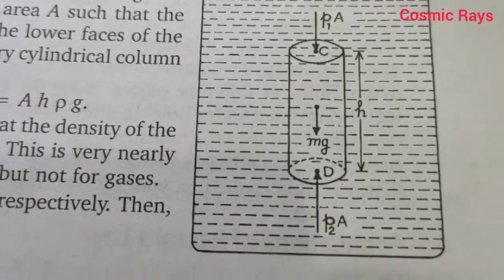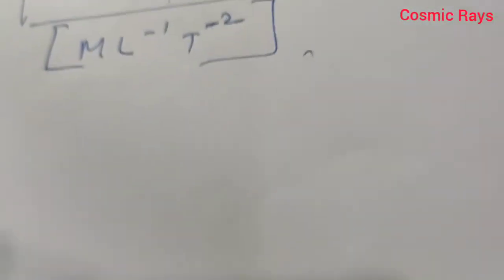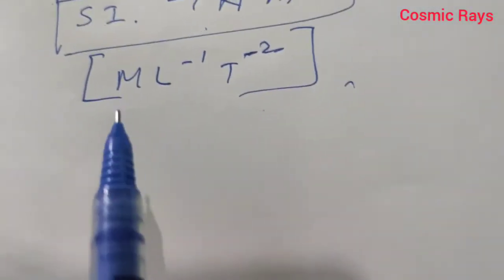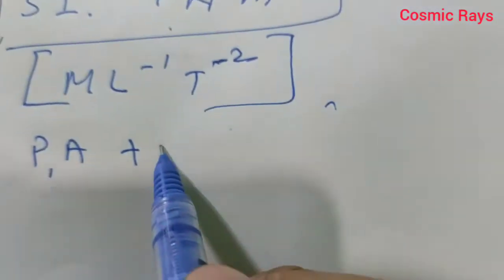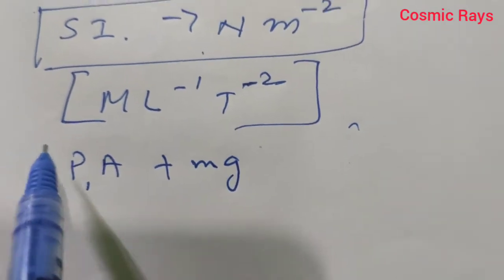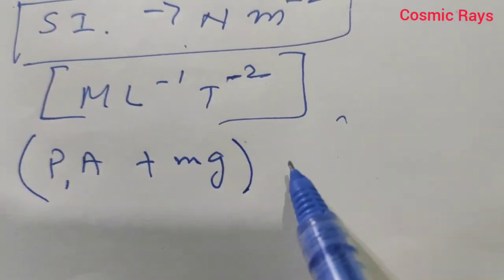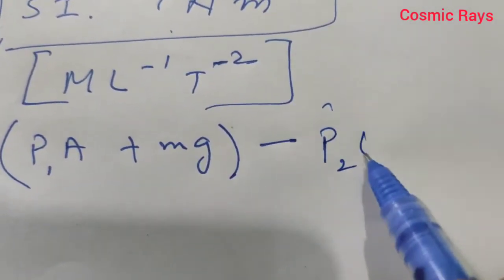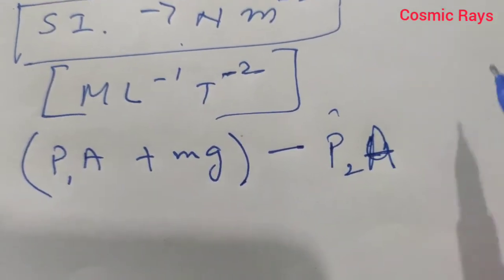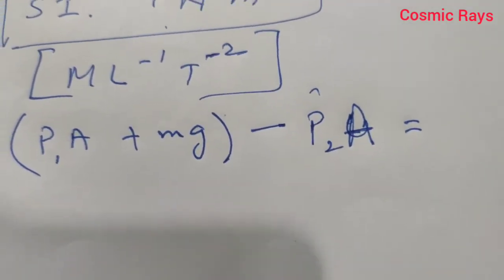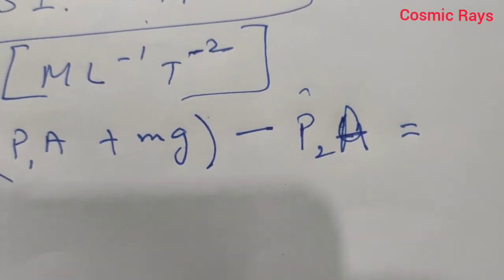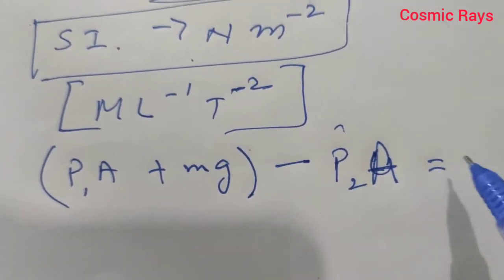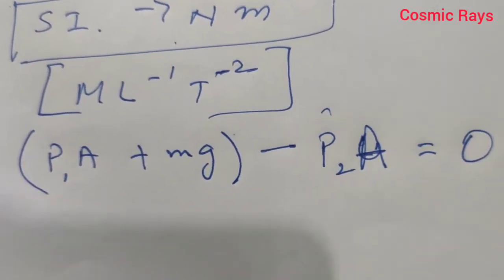So we find that P1A plus the weight of the body, that is mg, they are acting in the same direction, so we add them up, minus P2A. Since the net force on it must be 0 because the liquid is in equilibrium, we equate it to 0.